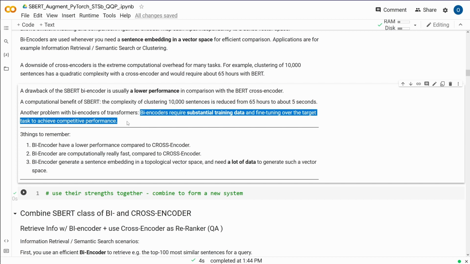Imagine you have to fill up a swimming pool with water. And imagine the Bi-encoder gives you one droplet of water, one drop of water. And you have to fill up the whole swimming pool, the whole vector space, to be able to do calculations in this vector space, to be able to swim in the swimming pool.